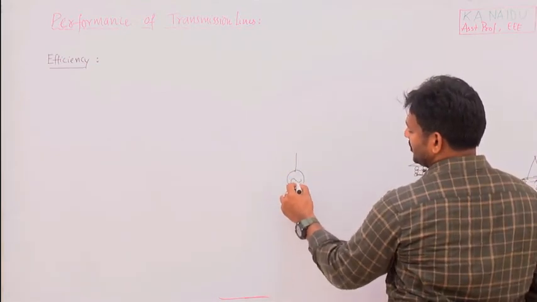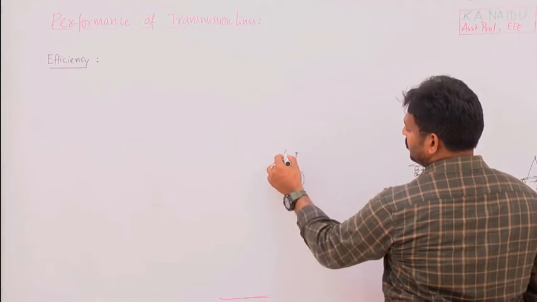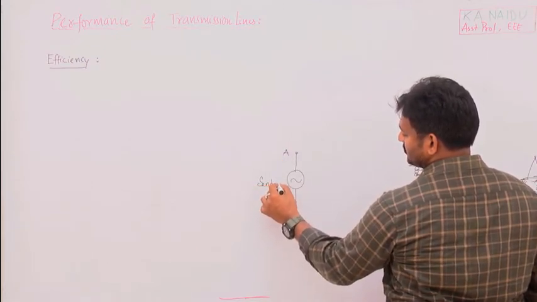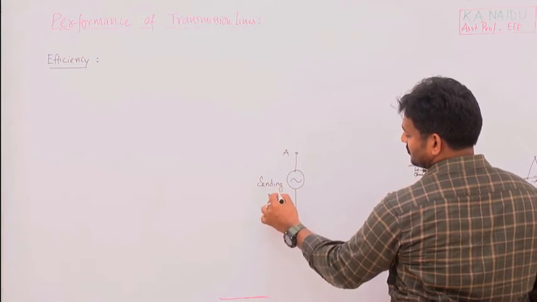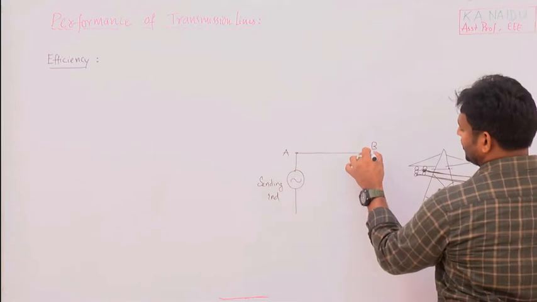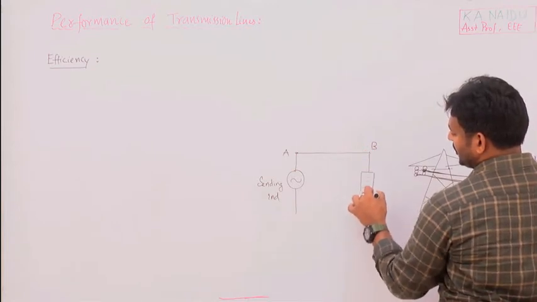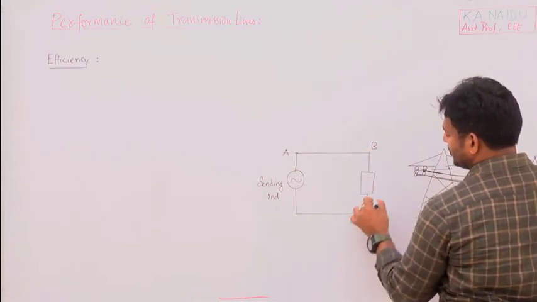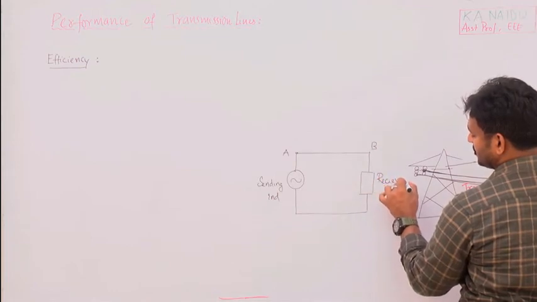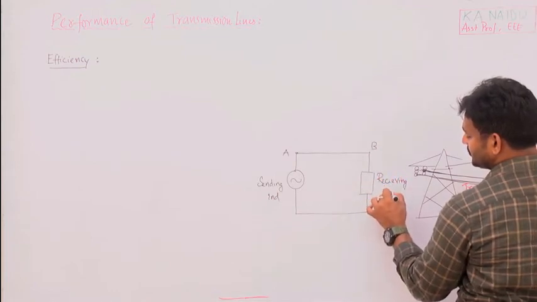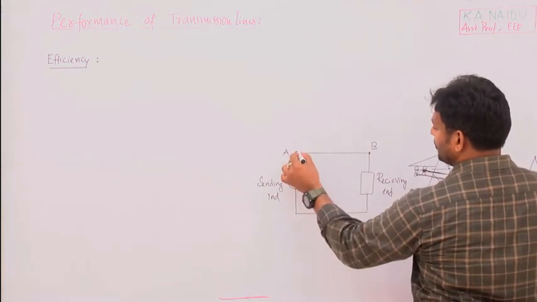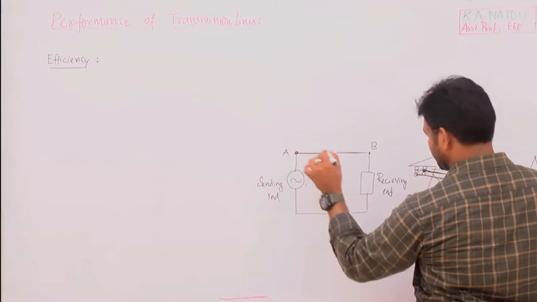Suppose this is one end or one point A where you are sending power, and there is another end, say at point B, where you have connected a load. That means the power is received here. So this is called as receiving end. Now the power is transmitted from point A to point B through this line.